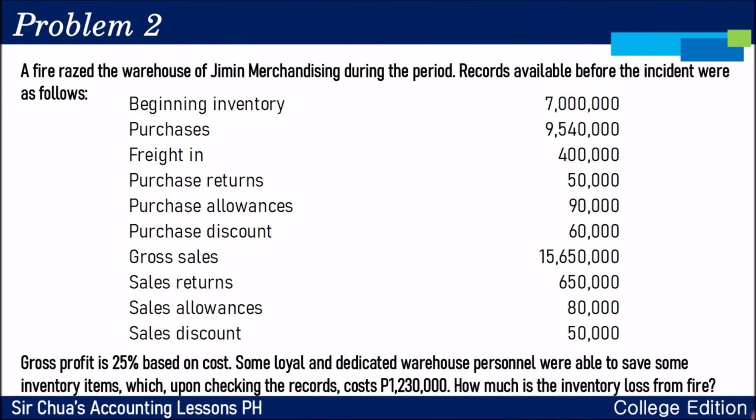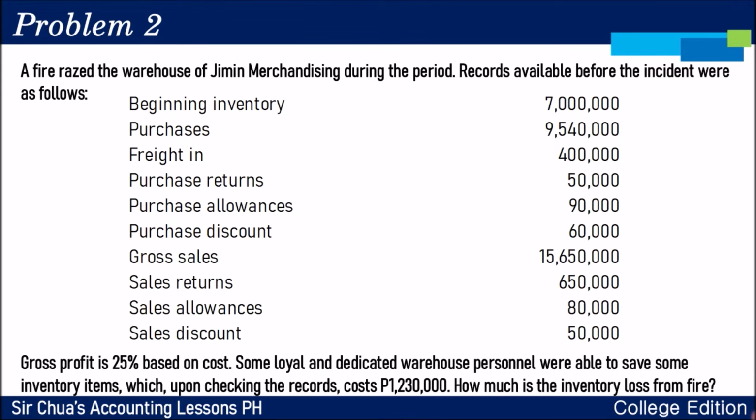Some loyal and dedicated warehouse personnel, nakita nila nung nasusunog na, magsalba tayo ng konting gamit para sa kumpanya. Okay? So, they were able to save some inventory items, and then upon checking, the cost of the inventory na na-save nila is 1,230,000. How much yung nawala sa company nung nagkasunog?